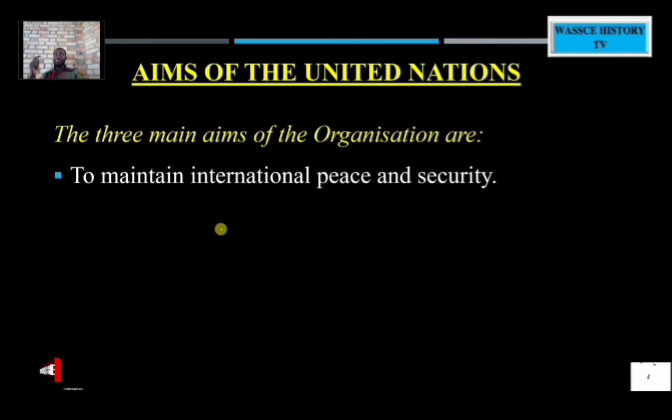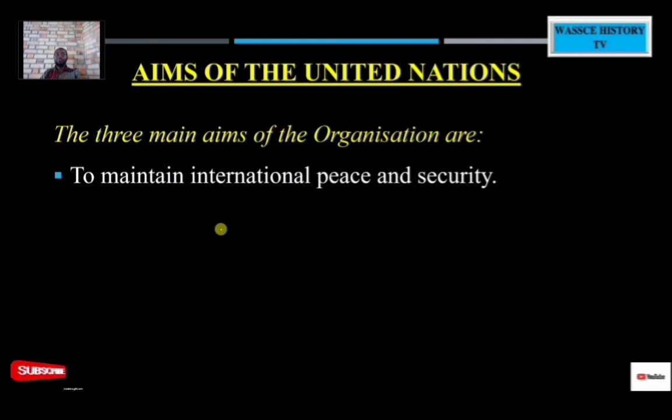International peace and security. So I have already indicated that the League of Nations failed to prevent the outbreak of a Second World War. And so the mandate of the UN is to prevent the outbreak of a Third World War, because the First World War had already come and the Second World War has already occurred.